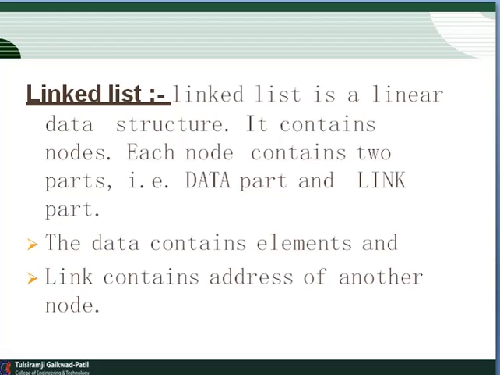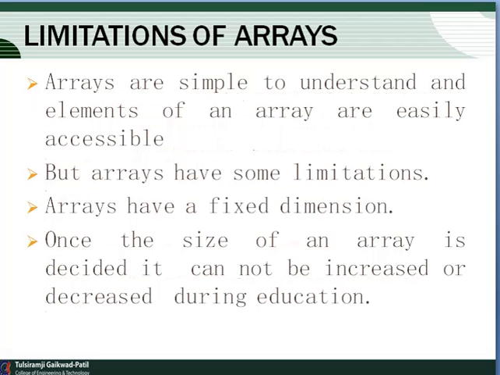There are some important terms that we are going to use in the linked list. First is link: each link of a linked list can store data called an element or item.